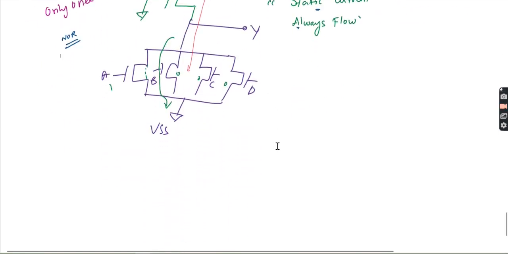So until this point we saw in the previous class. Now let us continue with that.